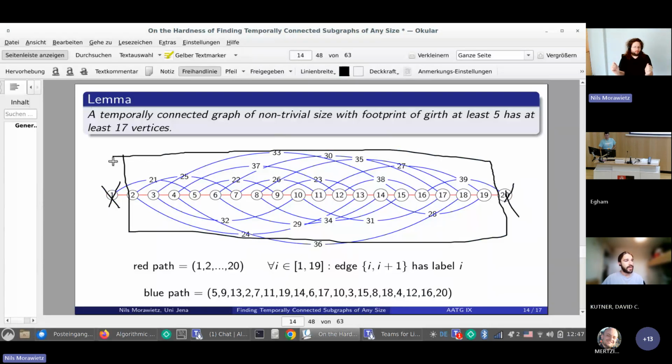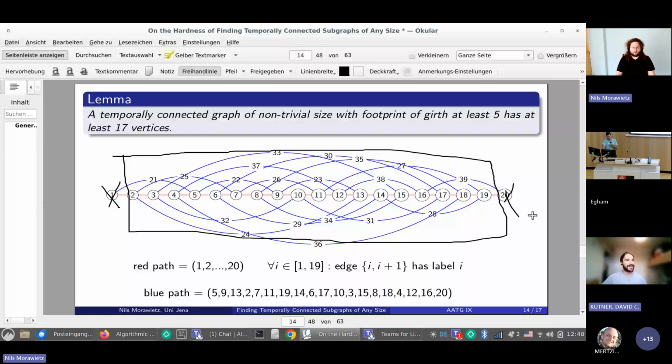In this sense, ours is smallest possible with girth 5. If they don't have to be Hamiltonian ST paths, this here is smallest possible for two disjoint spanning trees. And if they are allowed to share an edge, I don't know. I'm not sure whether you can get something with 17. We haven't checked for that.